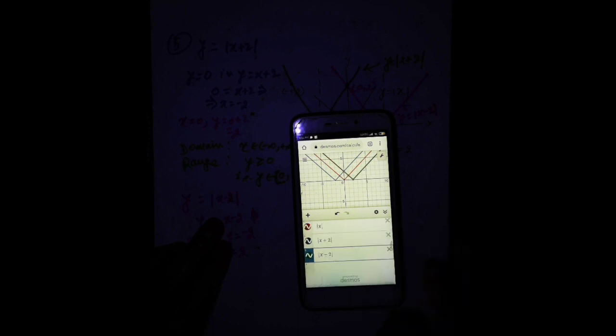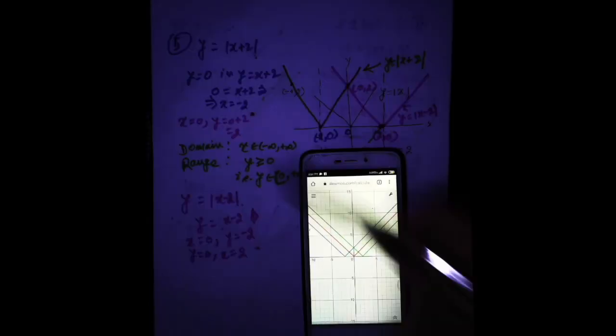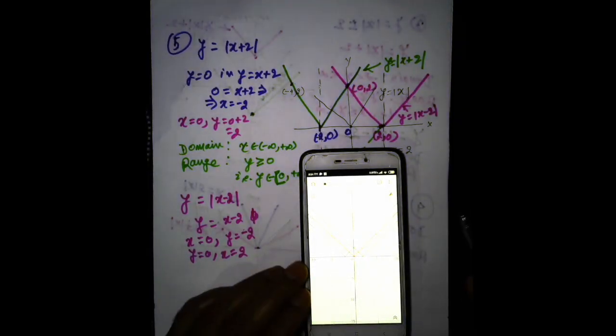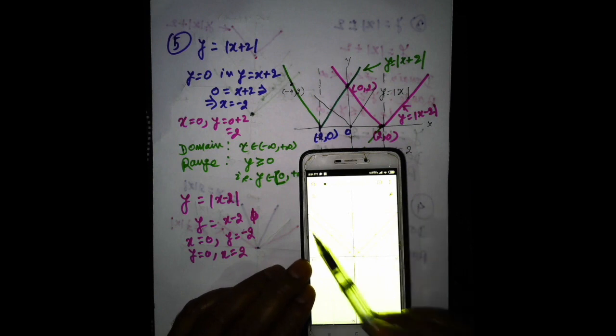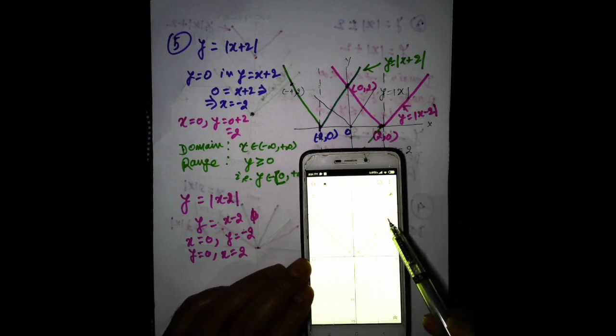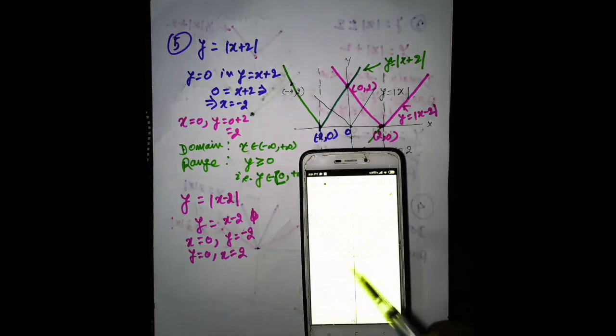Now you can see the graph in the red color is for y equals |x|, and the graph in this other color is different.